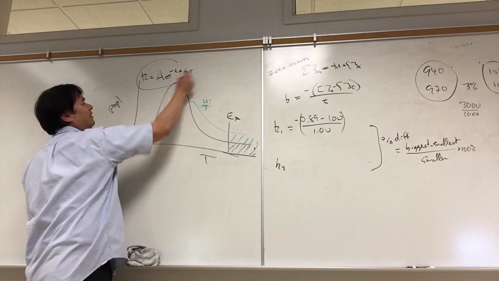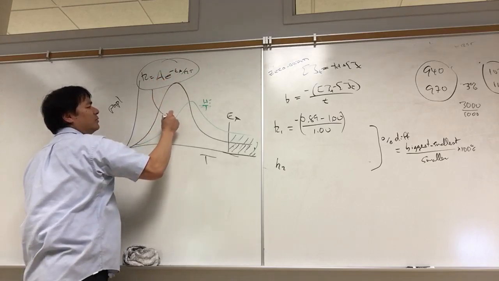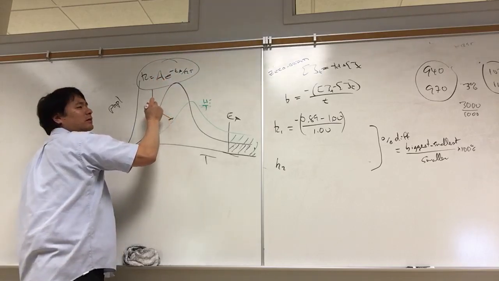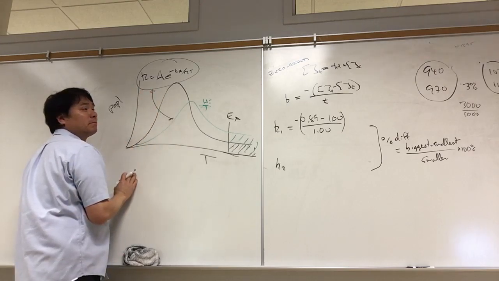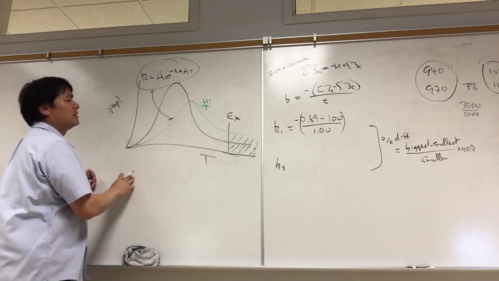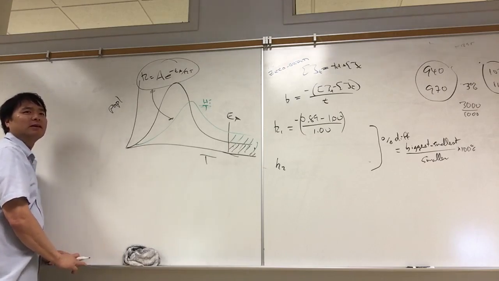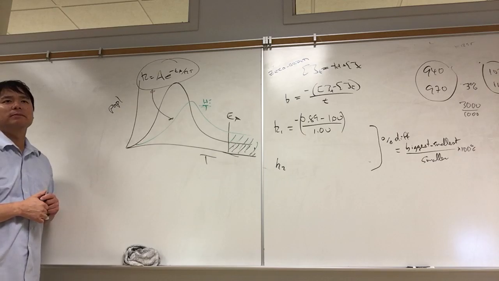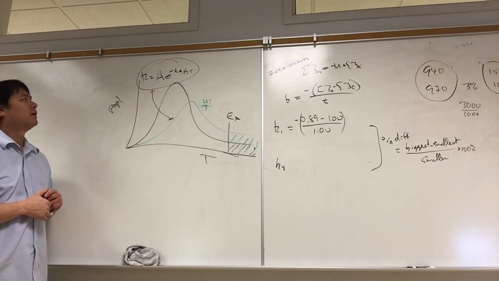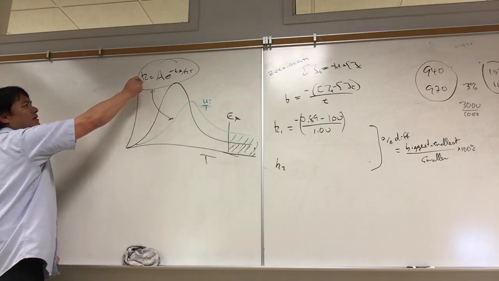This equation is from this curve. No, this is the same guy, Boltzmann. Yeah, it's the same guy, but this is a different topic, and this is not the Boltzmann constant.